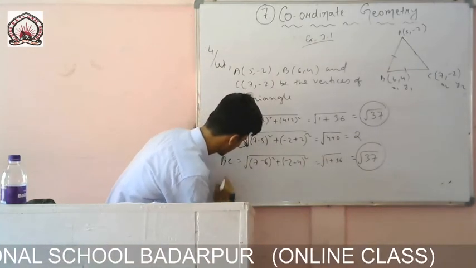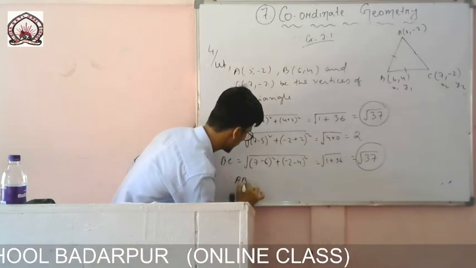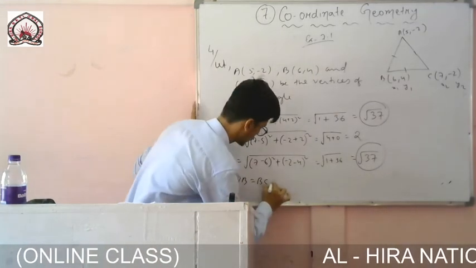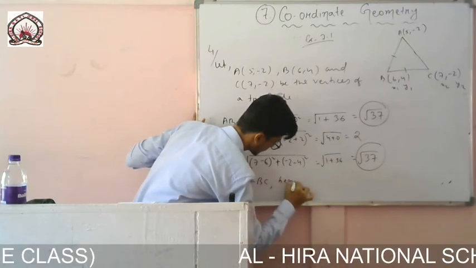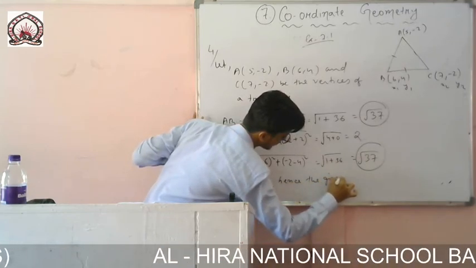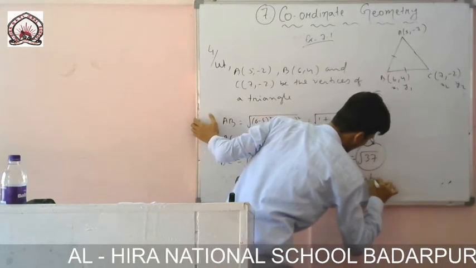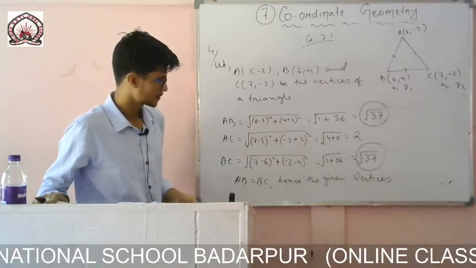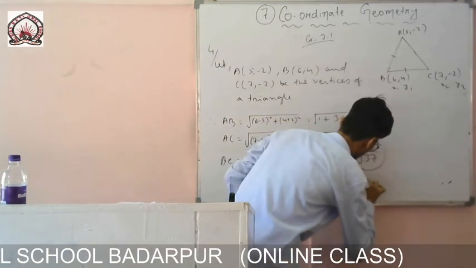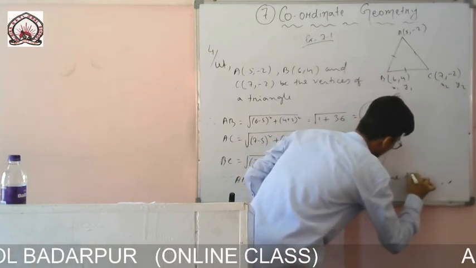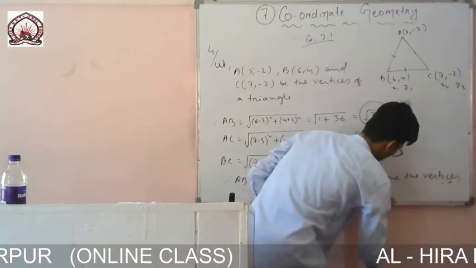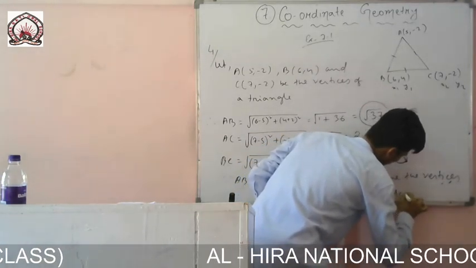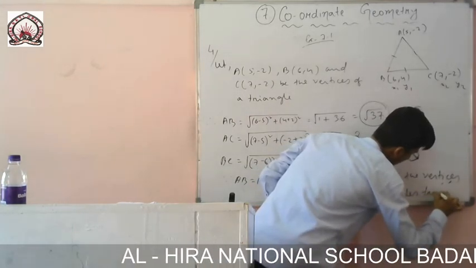So you will write like this: since AB is equal to BC, hence the given points are the vertices of an isosceles triangle.